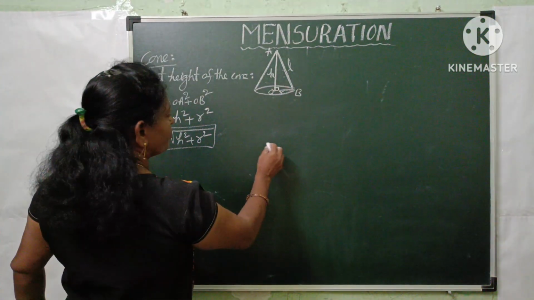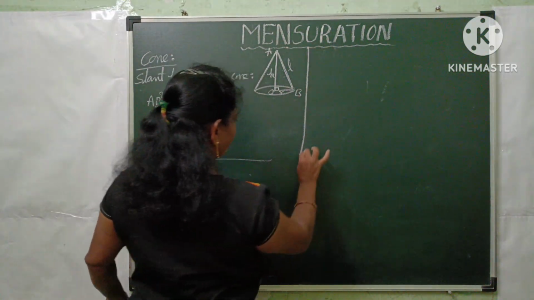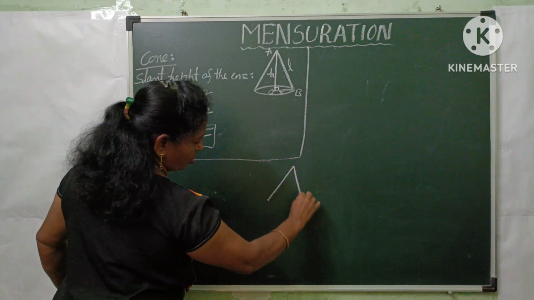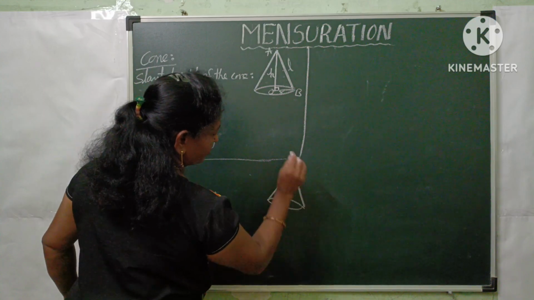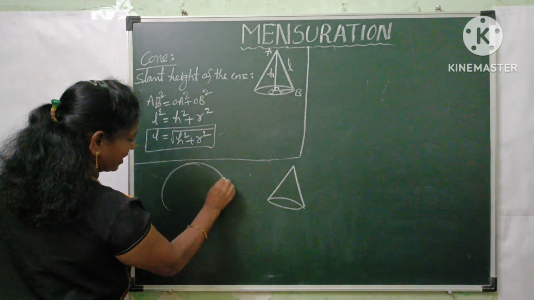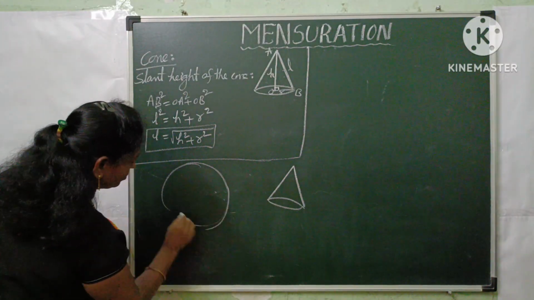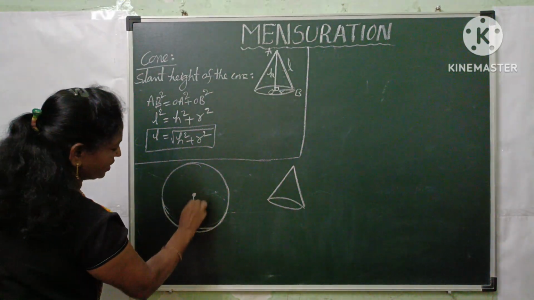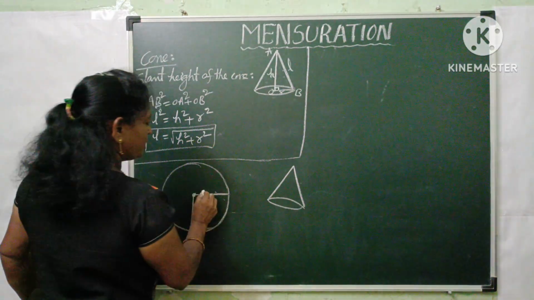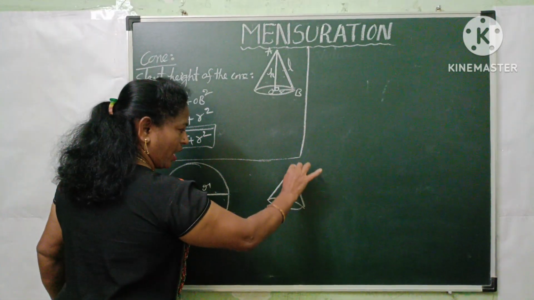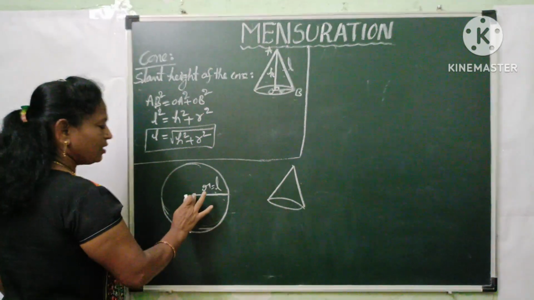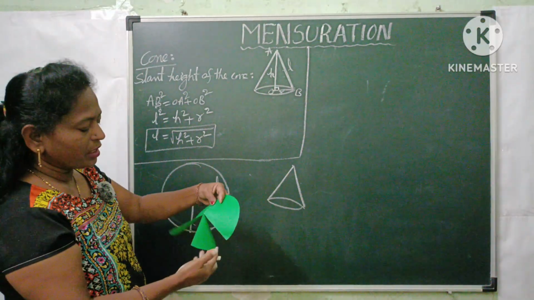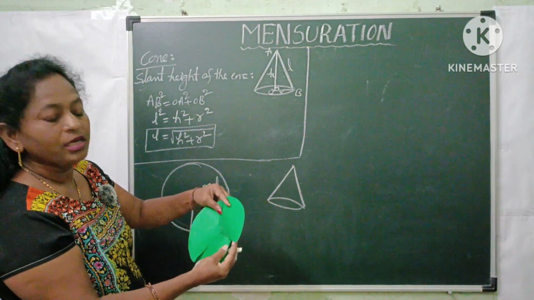Here the slant height of the cone is the radius. This is the slant height L. It has two radii. These are the slant height of the cone. So the cone is a sector of the circle.